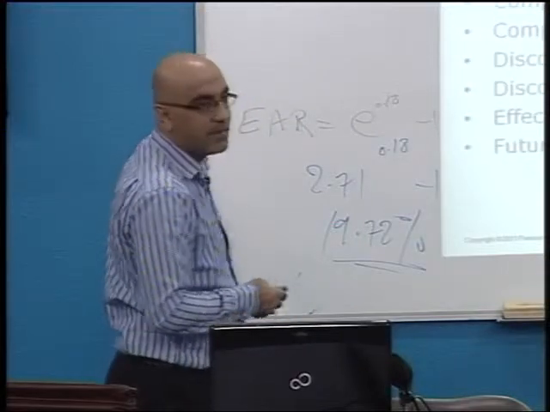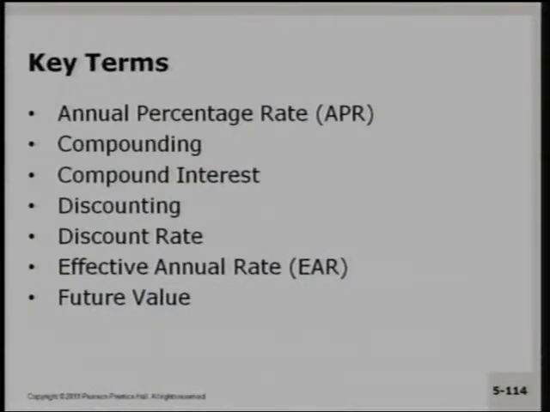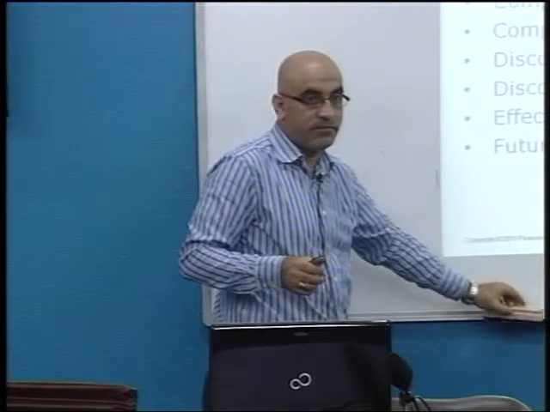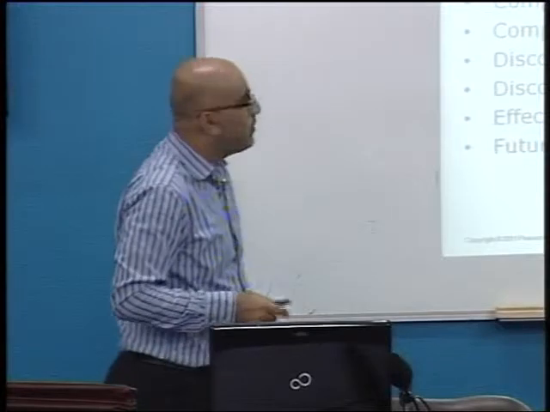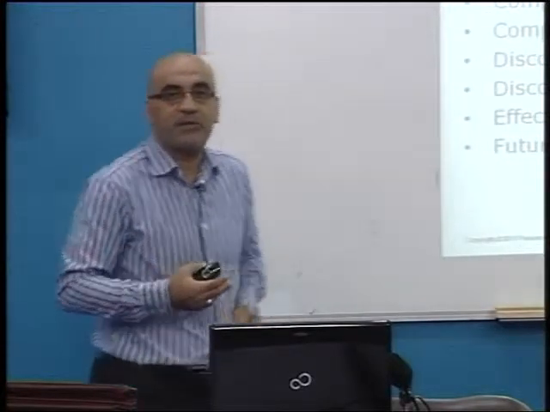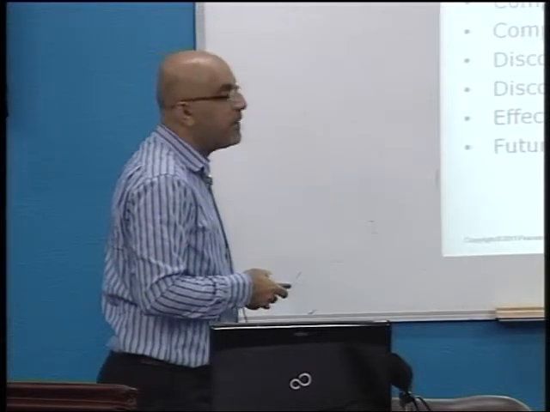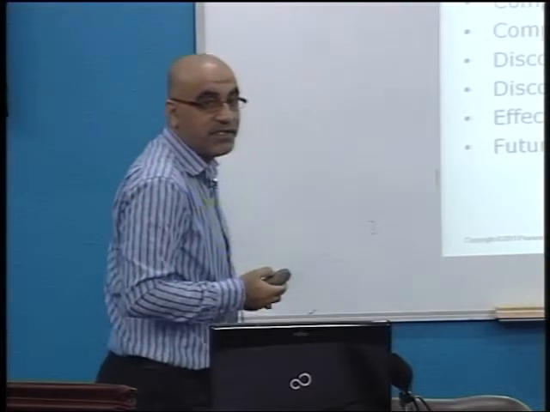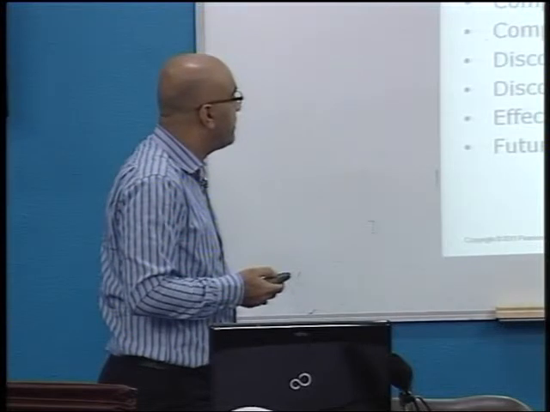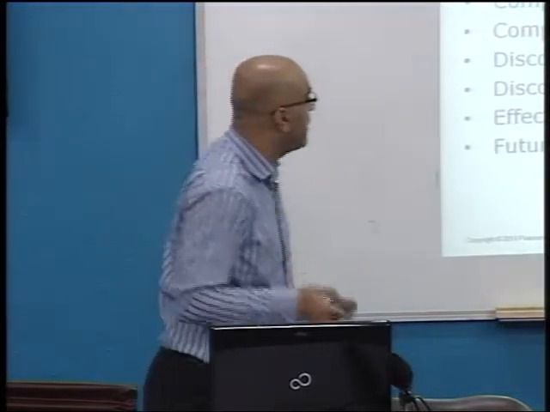Okay, now we have finished chapter 5. Let me remind you of the main key terms. Annual percentage rate is calculated based on the annual rates. Compounding is how many times we compound in a year. Discounting is the rate at which we discount the present value or the future value.